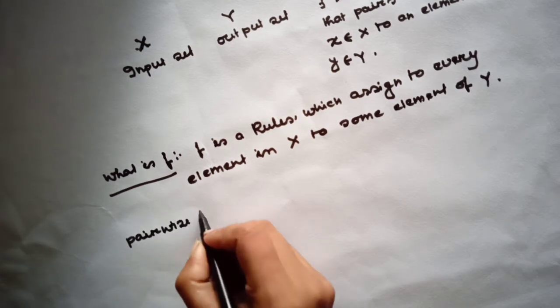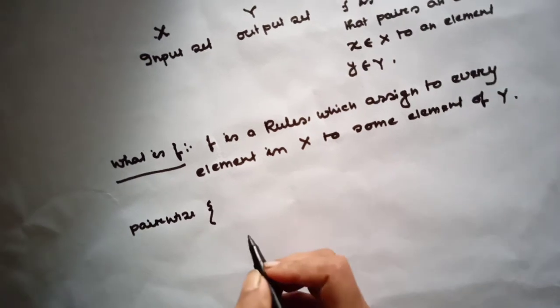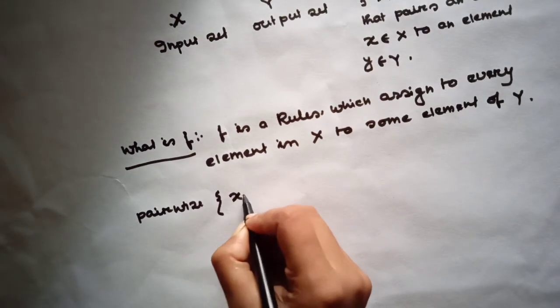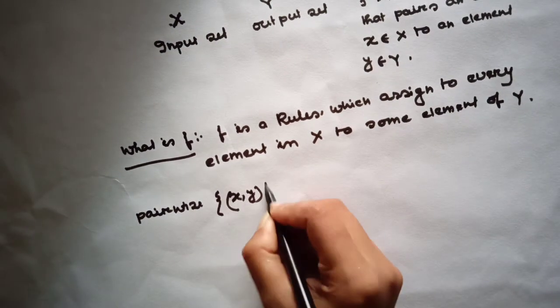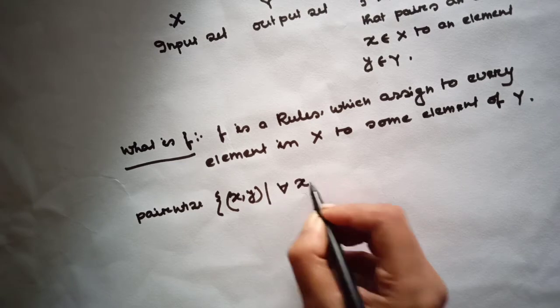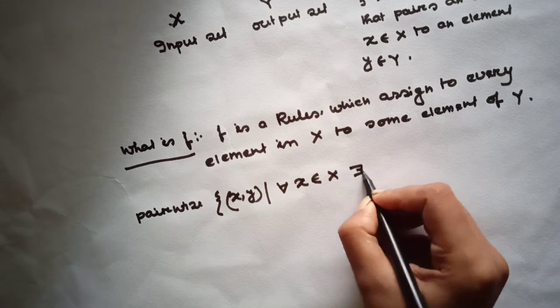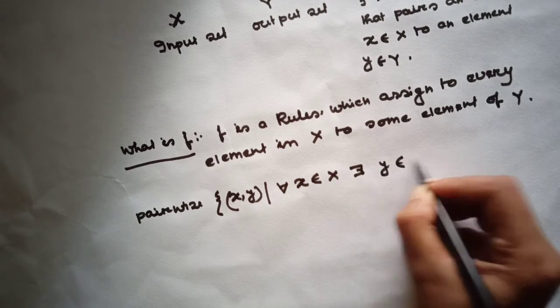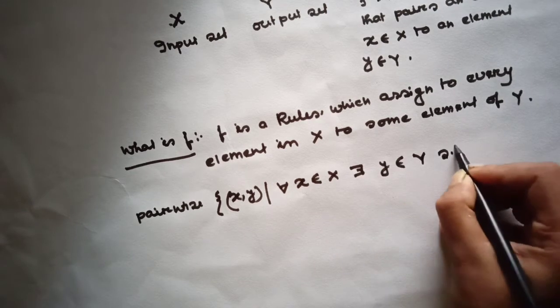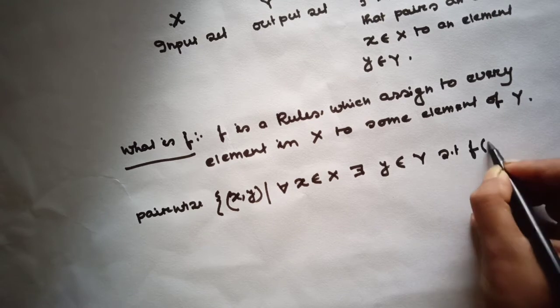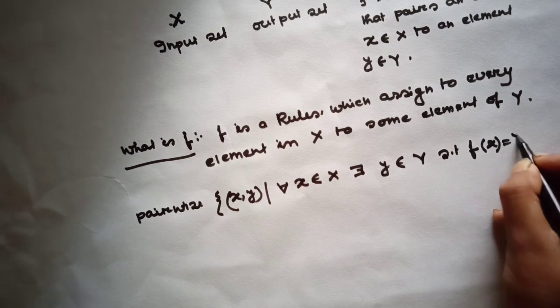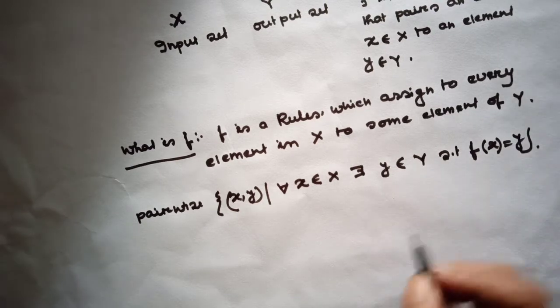Pairwise. The set XY such that for all x belongs to X, there exists y belongs to Y such that f of x equal to y. Have you understood?